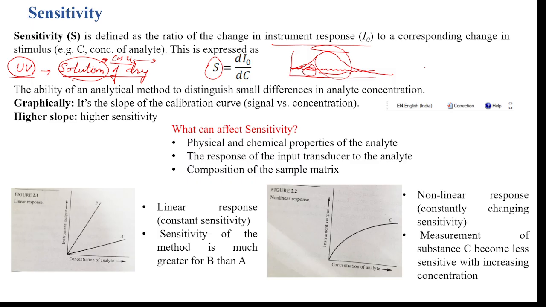Okay, that small difference, and the better the instrument, the lower this value should be. It means even a small amount of sample gives a response. For example, for a technique, I have taken one normal solution and I have taken 10 normal, just as an example.